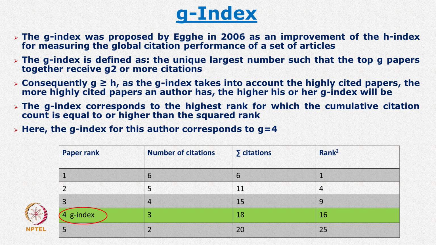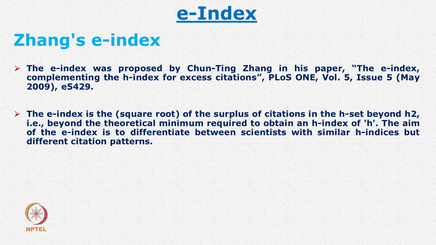It has a different calculation mechanism, which was given by Leo Egghe in 2006 as an improvement of the H index for measuring the global citation performance of a set of articles. The G index corresponds to the highest rank for which the cumulative citation count is equal to or higher than the squared rank.